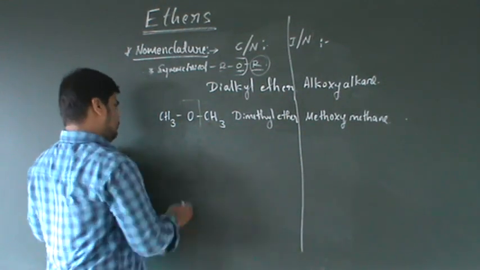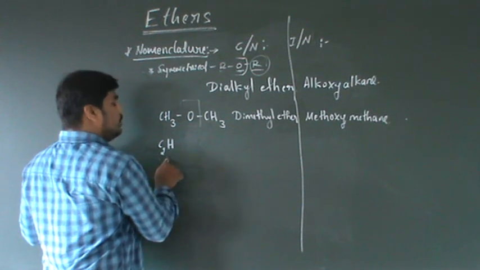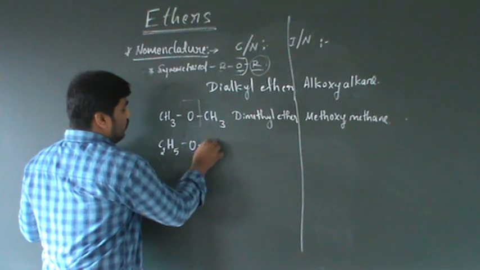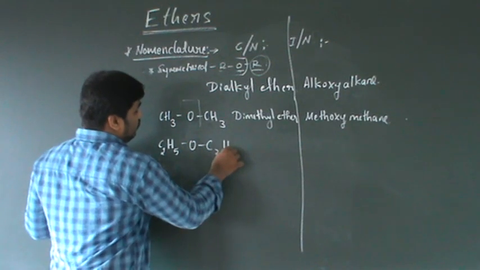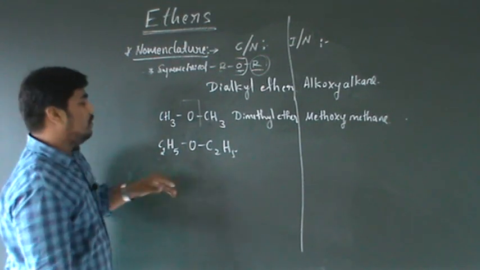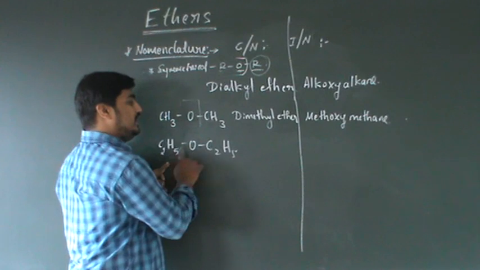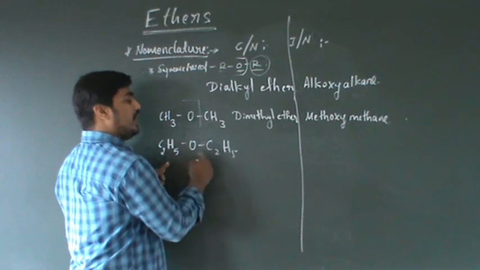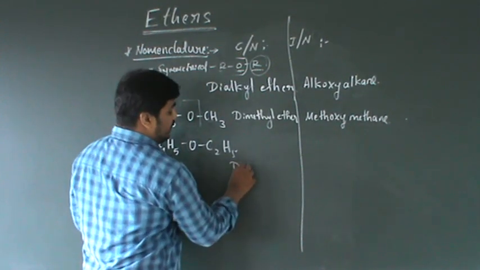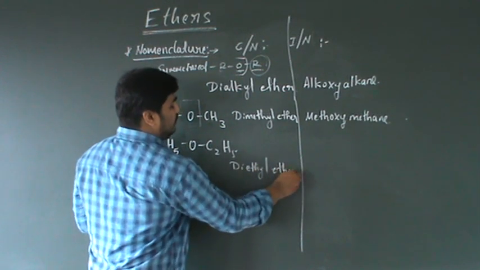Next one, consider a higher one, C2H5OC2H5. What is the common name of this compound? On both sides we observe an ethyl group. Two ethyl, therefore diethyl ether. Very easy.